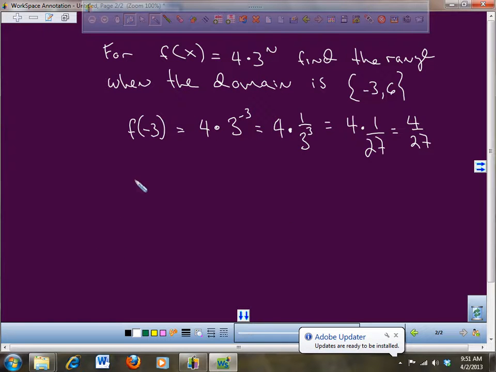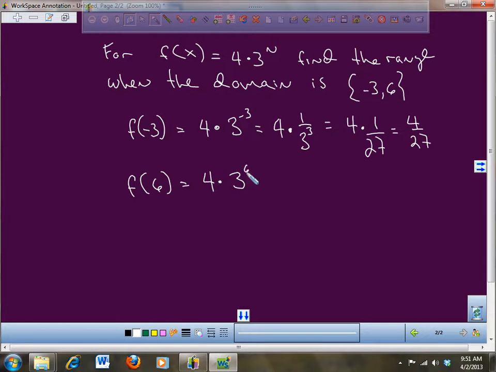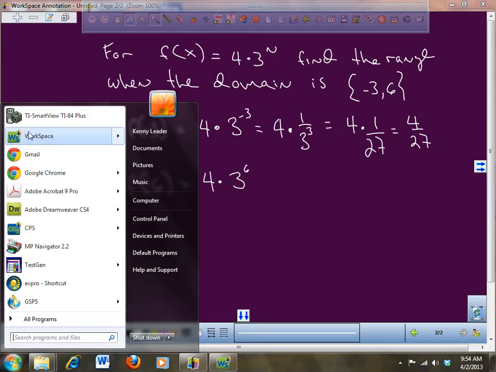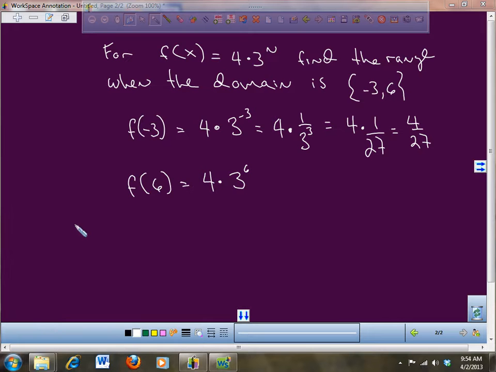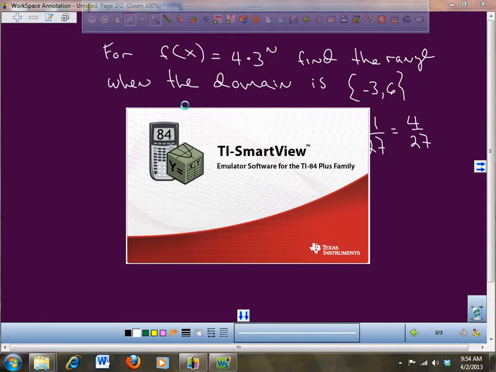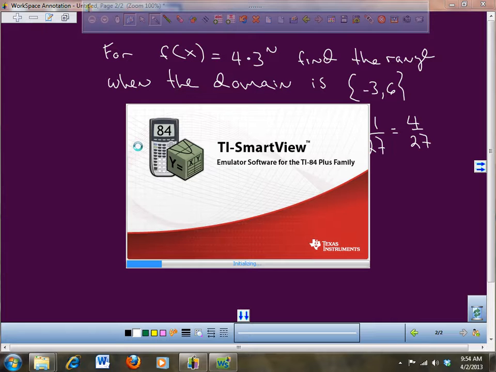Okay? And then f of 6, well, this is going to be big. 4 times 3 to the 6. So again, if you don't know how to do this by hand, you can use your calculator. I'm going to get a graphing calculator that looks like one of those on the left. I want to use the exponent button, and usually it's a little caret thing.